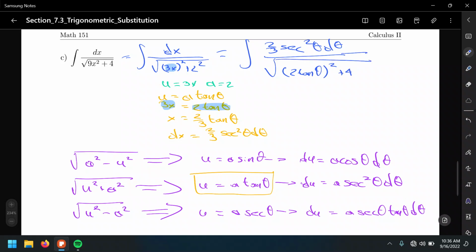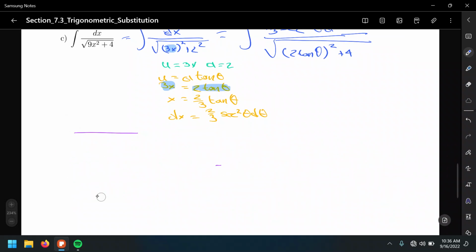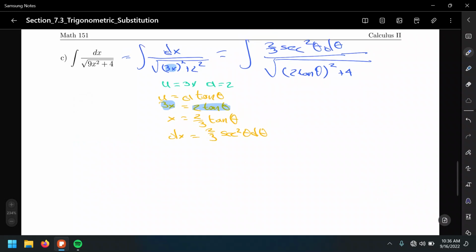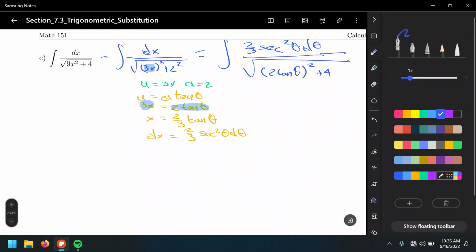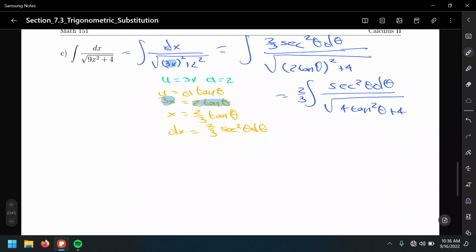Okay? I will erase all this. We're not going to need it anymore. And here is the annoying part. Number 1, you would have to simplify this radical. So let me take this 2/3 out of the integral, secant squared theta in the numerator, and 2 squared, that's 4, tangent squared plus 4. Let me continue simplifying this radical to notice the common factor of 4.